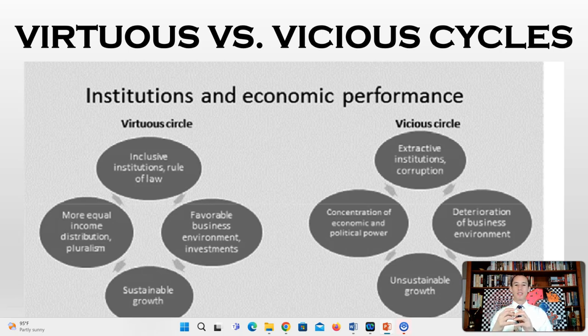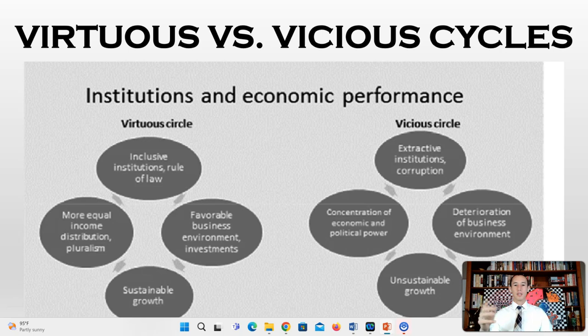When that happens, you start getting concentrated economic and political power in one institution, one party, and usually one religion. That frequently goes together.